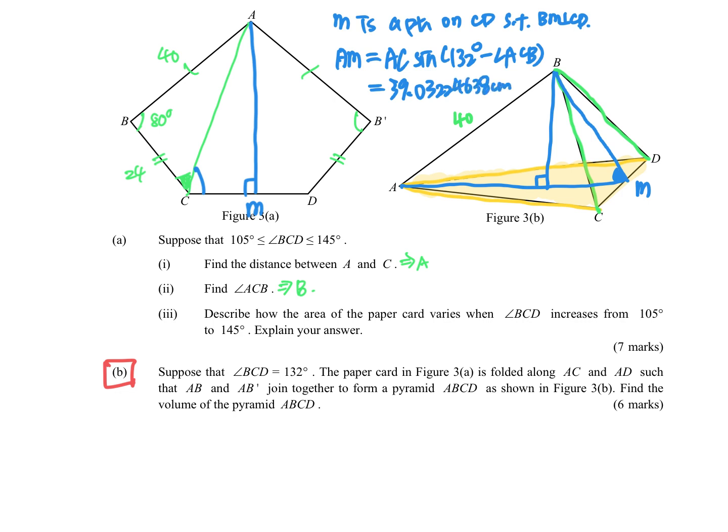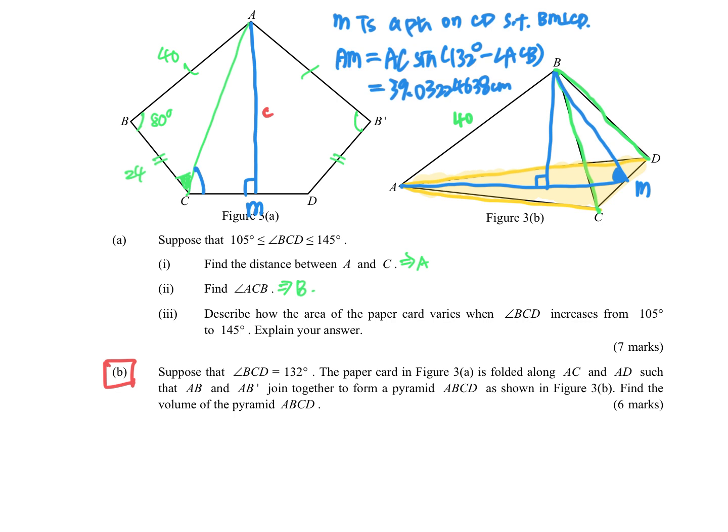I think it's a must for us to save this answer as C, because it will be used to find angle AMB. So AM is C. Good. And after that, we need to find BM.